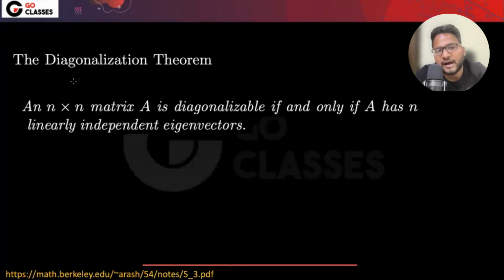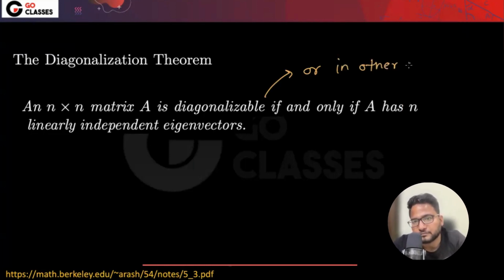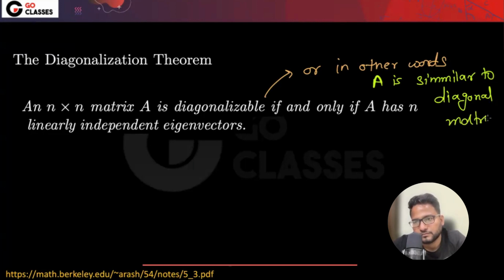So this is the diagonalization theorem: let A be an n cross n matrix. It is diagonalizable, or in other words, A is similar to a diagonal matrix, if A has n linearly independent eigenvectors.